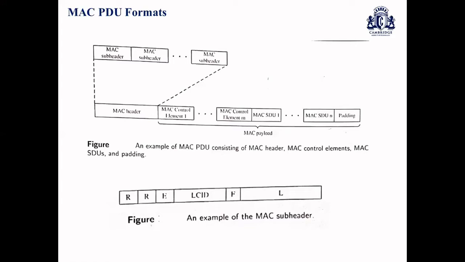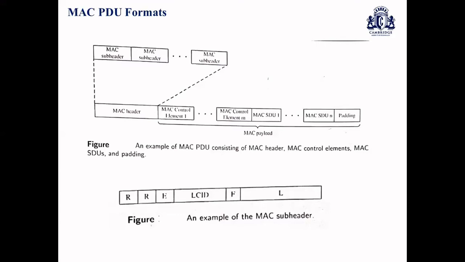There is one LCID field for each MAC SDU, MAC control element, as well as the padding field. The F field, the format field, indicates the size of the length field. If F is equal to 0, the size of the MAC SDU or MAC control element is less than 128 bytes; otherwise F is equal to 1.